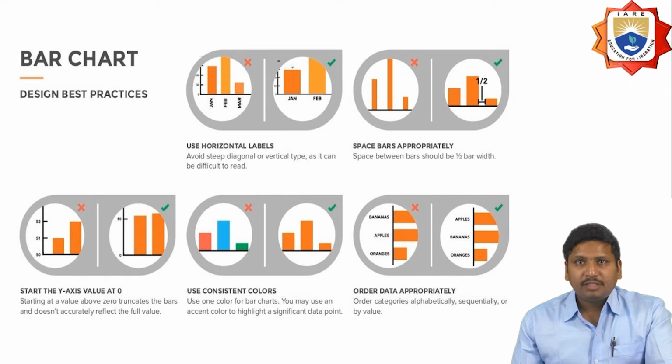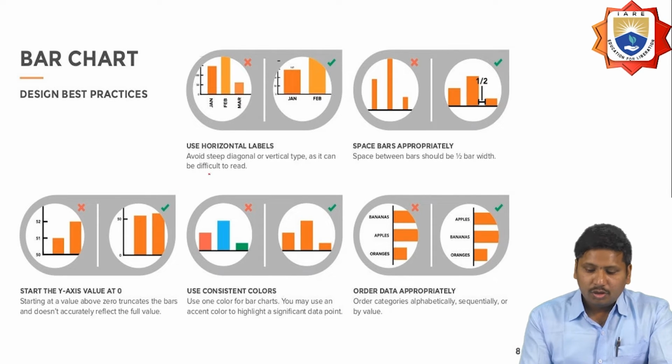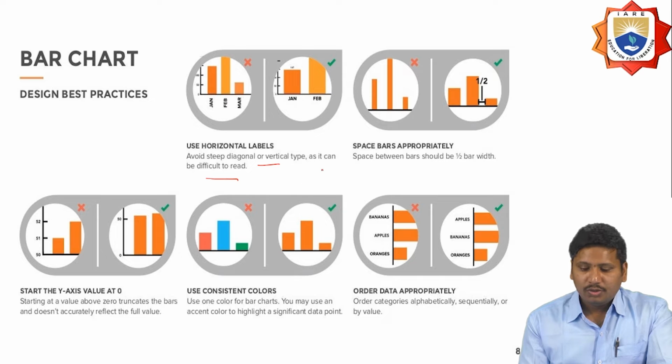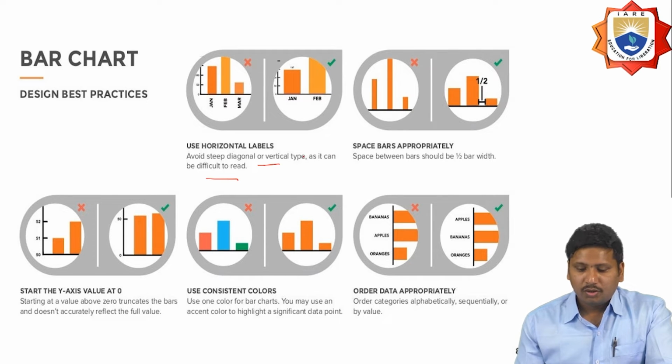Now, design best practices for the bar chart. Use horizontal labels. Avoid steep diagonal or vertical type, as it may be difficult to read. So all the time, always use horizontal labels.